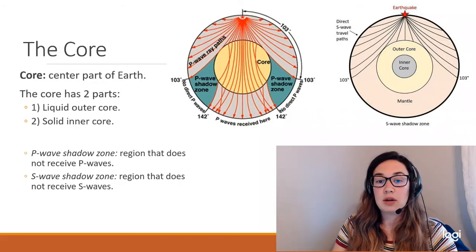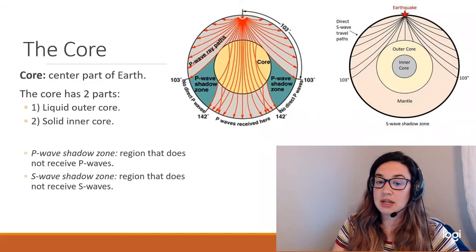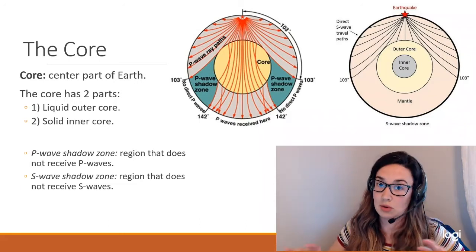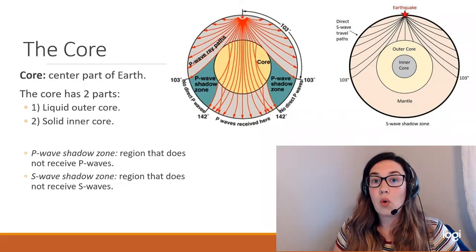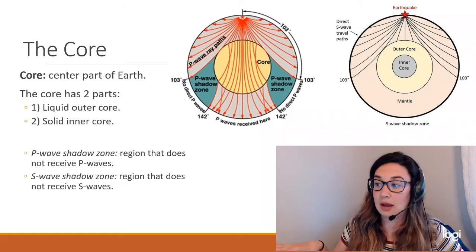Our secondary waves, remember, don't travel through liquid. And so the S wave has a bigger shadow zone that does not receive S waves because that outer core is preventing those S waves from traveling through it.